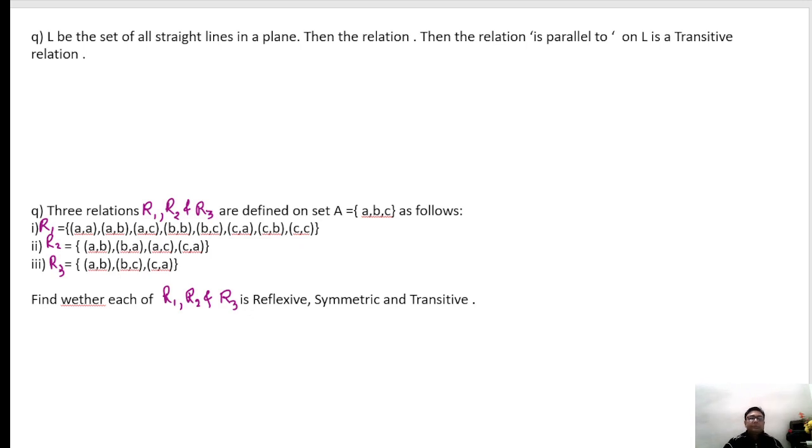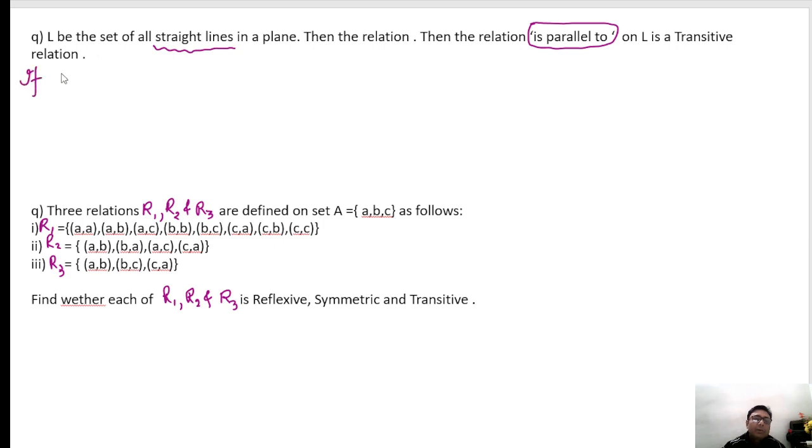Let's see more. If L be the set of all straight lines, what do we have to take? Straight lines. The relation, see the condition, is parallel to. Is it a transitive relation? So let's see.